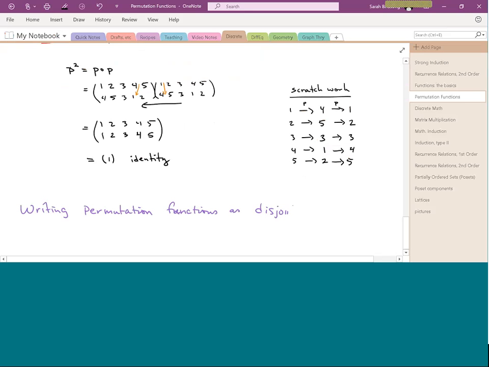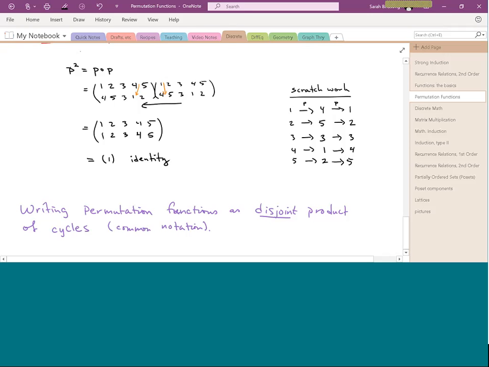And the key thing here is disjoint. And this one here is the more common way of seeing your permutation functions.